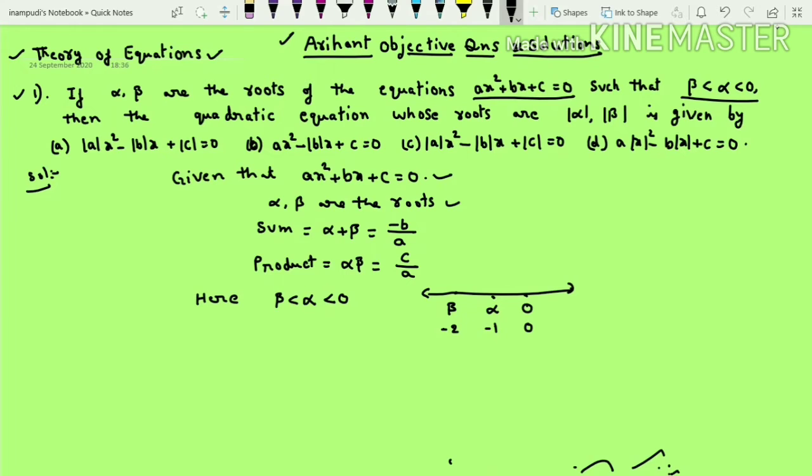The values are in this way: beta less than alpha less than 0.